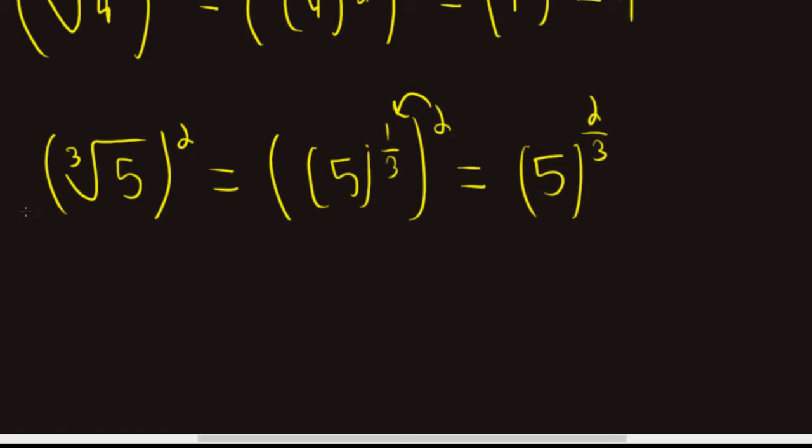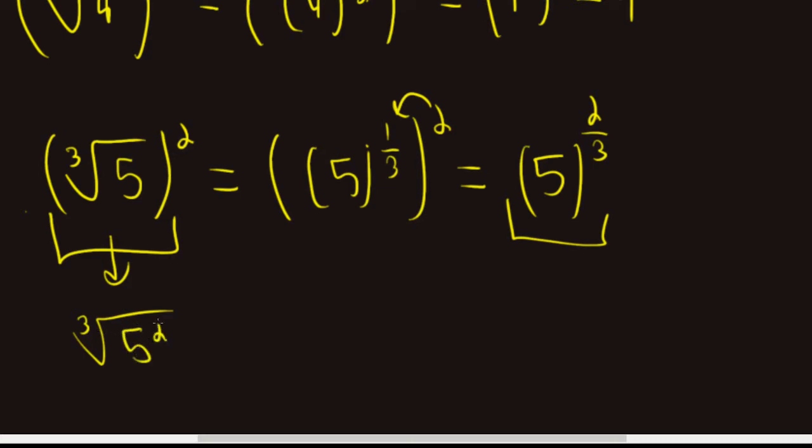So this over here is the same thing as 5 to the 2/3 power. And we also know that this is equal to the 3rd root of 5 squared. So that would also be equal to 5 to the power of 2/3.